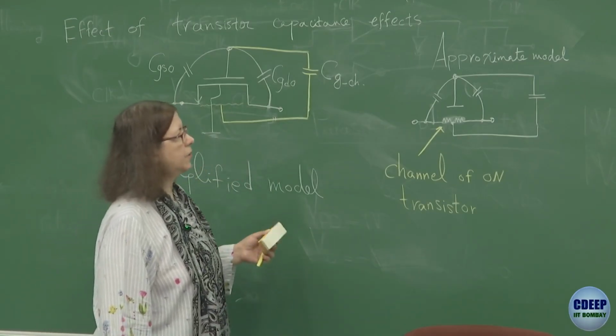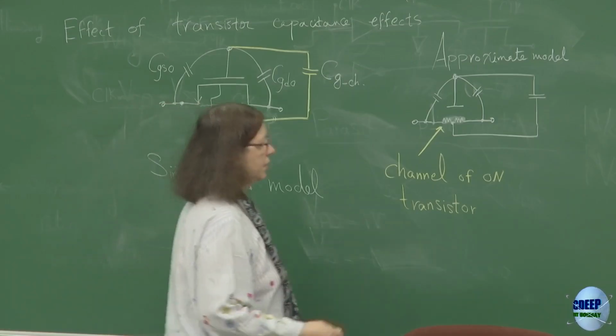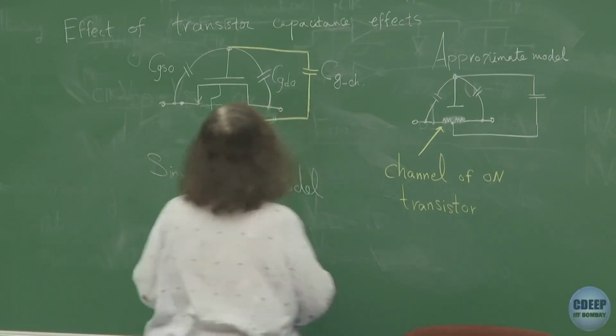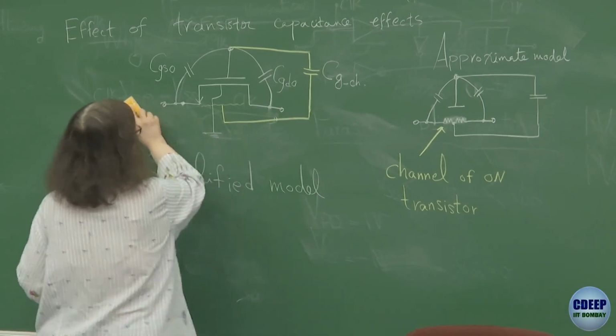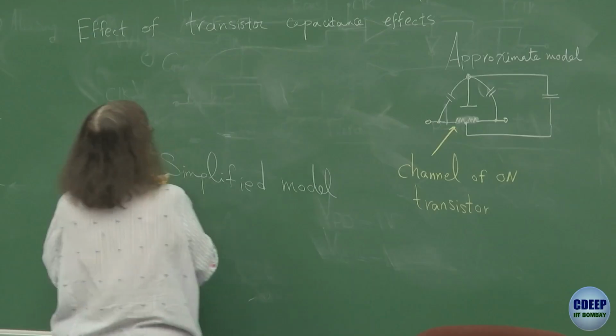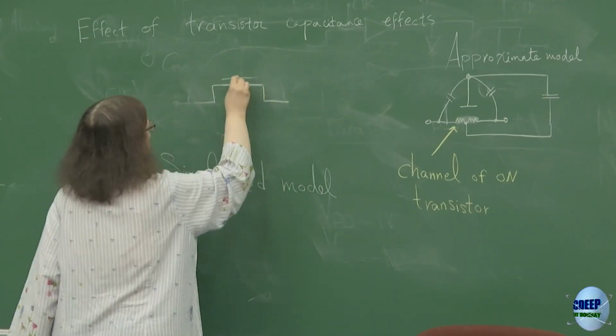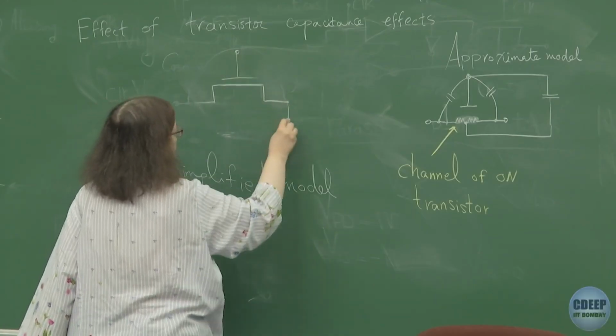So we'll see what the problems are one by one. Now I will also remove this switch and replace it with the track and hold circuit. And then see what, as a designer, we need to consider to design the switch.